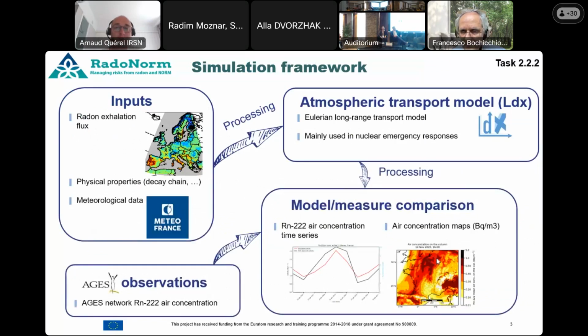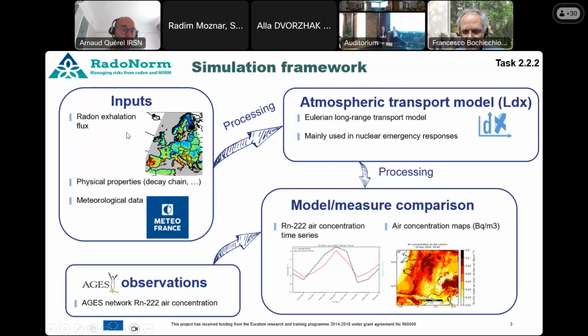So this is now the simulation framework. In the middle, we have the atmospheric transport model. LDX is an Eulerian long-range transport model, mainly used for nuclear emergency response, but it can be used for other purposes, for example radon transport. This model needs inputs.